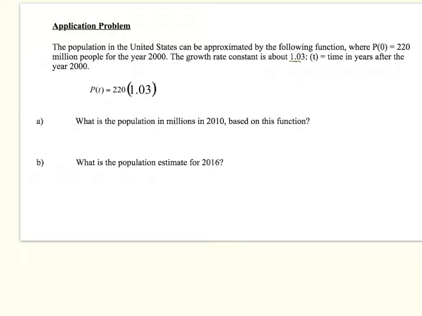So we can't really see this very well, so I will rewrite it a little clearer. P of t is equal to P naught times 1.03 raised to the t, right? Where t is our variable, and we should talk about the domain on t.